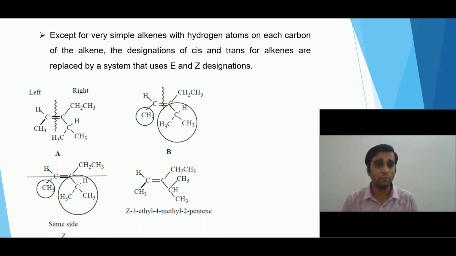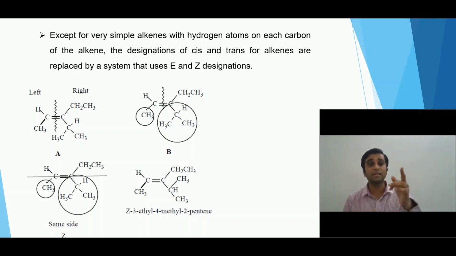Here I have mentioned one more example. On the left hand side, the carbon is attached with CH3 and H. We all know the atomic number of carbon is higher than hydrogen, so CH3 has the highest priority. On the right hand side, there are two different substituents, both attached through carbon. So as per CIP rules, we have to go to the next atom.